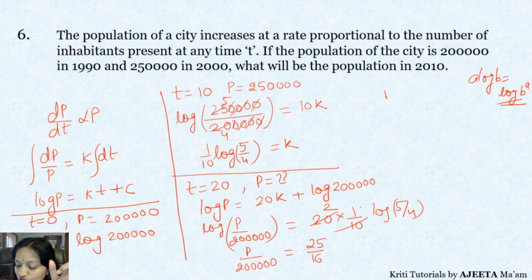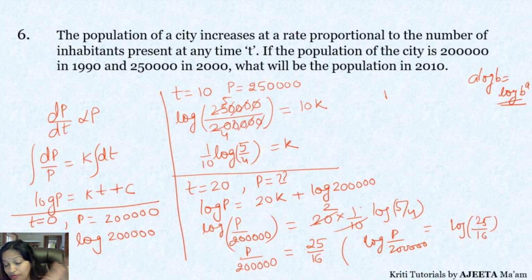We have just squared because we have taken the coefficient to the power. We have used the property. So I'll repeat it again: log P by 2 lakh is equal to log 25 by 16 because we have squared it. Where has the 2 gone? In the power. Now we can take log on both sides and cut it out, right?